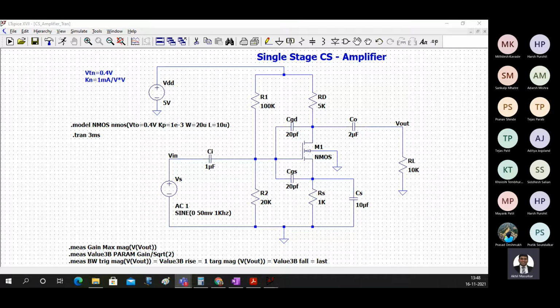Sankalp, Mithilesh, Aditya, post your outputs in the chat box. Kushi, come on, do it quickly.